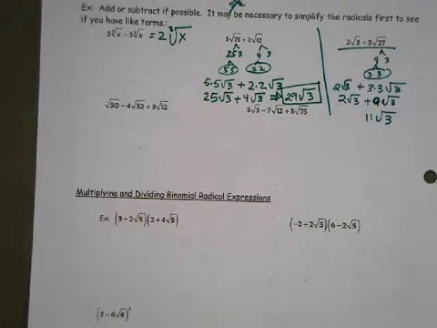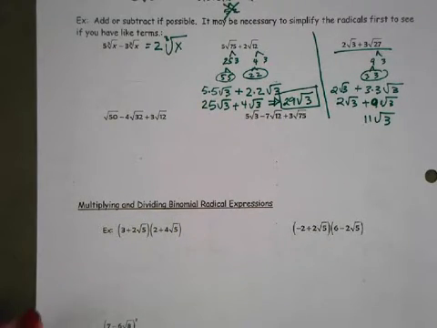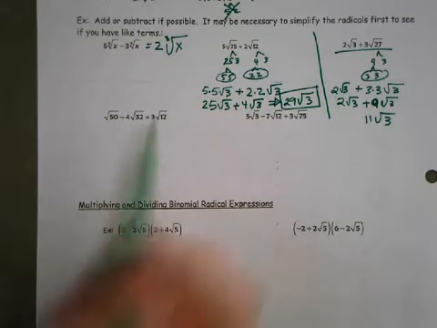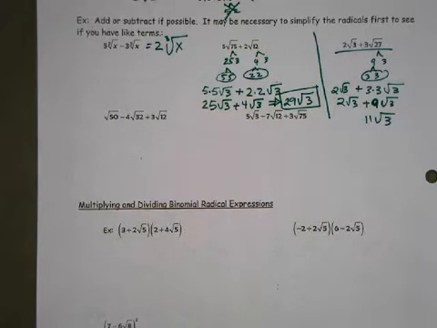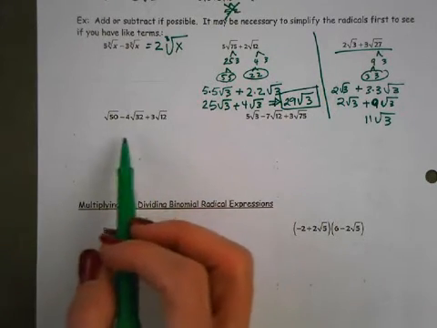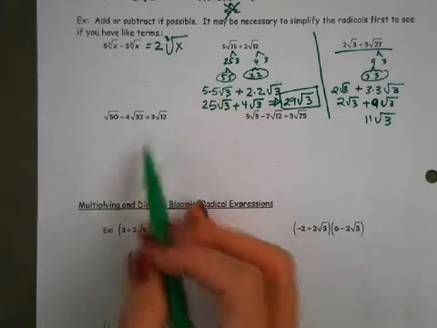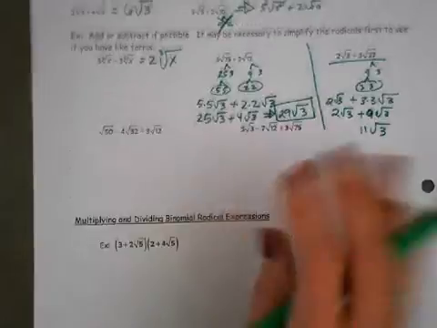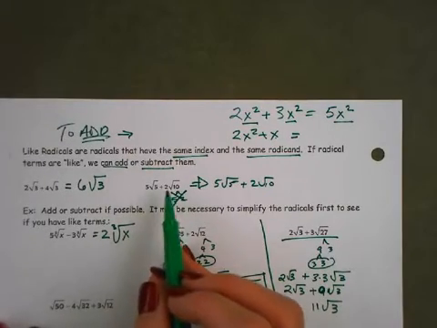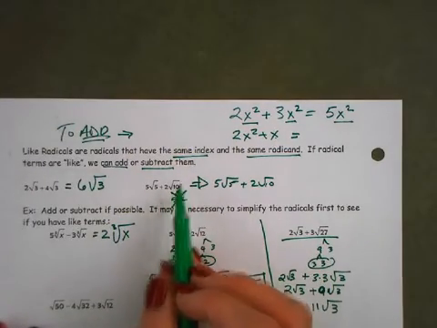Yeah? So, in the case of having the 3 different ones, the 50, 32, 12, if you had 2 of them turn out the same and then have one that's different, would you add those 2? Yes. And then you separate that one? Yep. So if, let's say, 2 of these match, you'd add those 2 together, and the one that does not match, you leave on its own. So it's kind of like up here where you had 5 square roots of 5 plus 2 square roots of 10.